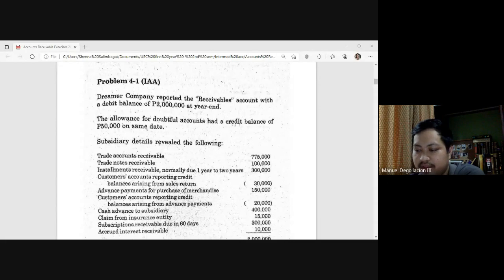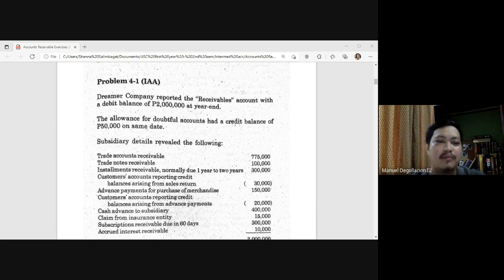Because textbooks provide questions involving the direct write-off method, there's an expectation that it can also come out in the board exam. And since it is possible that it will come out in the board exam, class, we are left with no choice but to discuss this method, even though, again, this is no longer allowed.